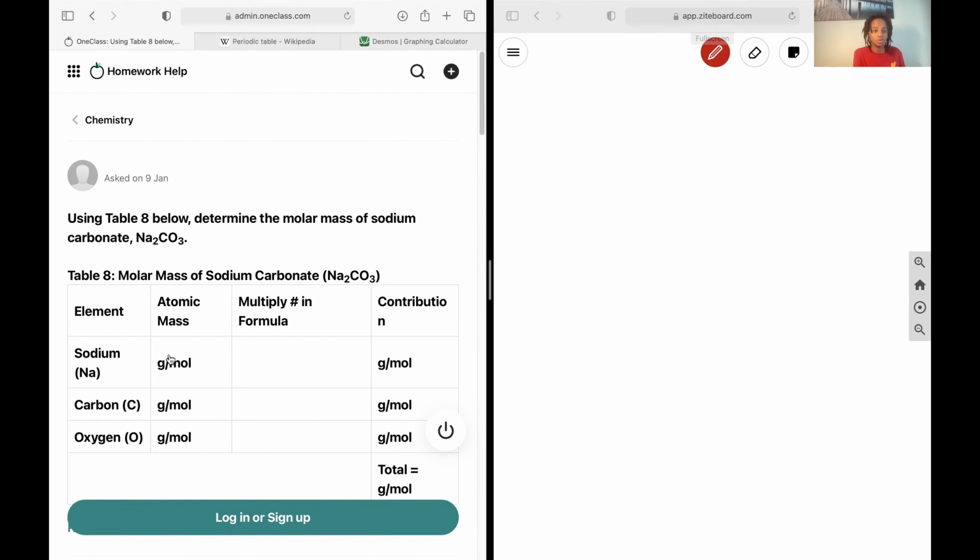Okay, so for our first question, we would like to determine the molar mass of sodium carbonate.